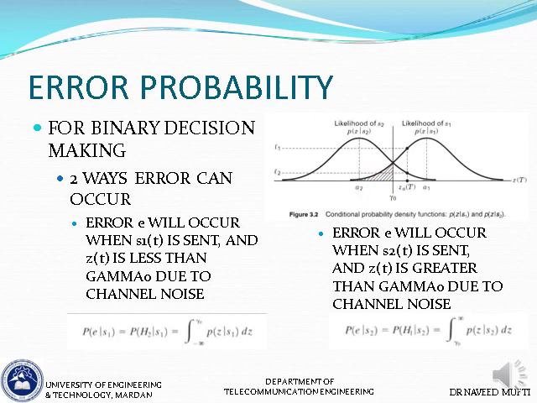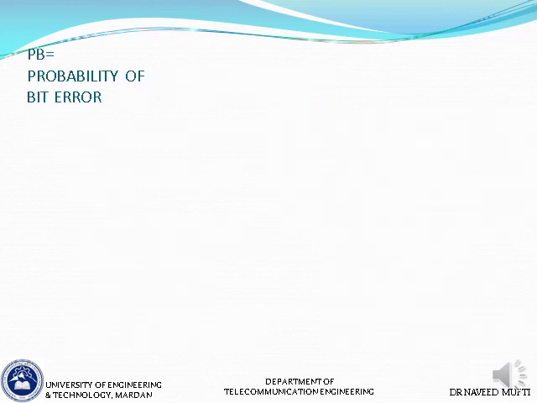You might have studied in probability theory that if an event A is conditionalized on different events, the probability of the event A is the sum of all the conditional probabilities. So here the probability of bit error, PB, the probability of an error, will be the sum of the probabilities of all the ways that an error can occur.